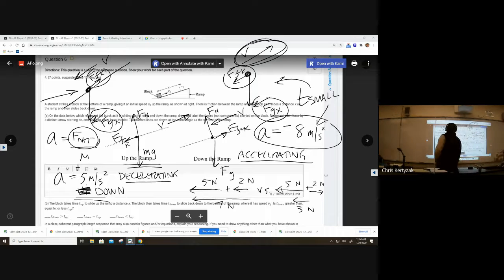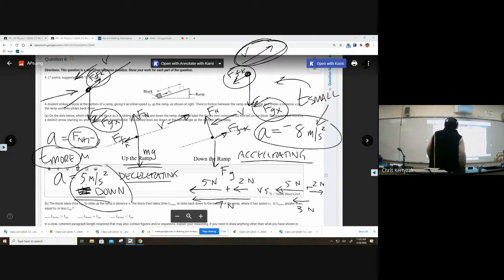Whereas on the other side, when we're coming down the ramp, it'll take more time to come down that same distance because it's not gaining speed as quickly in magnitude.